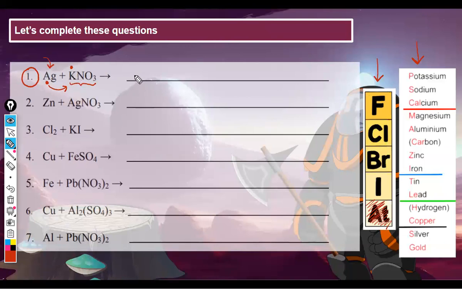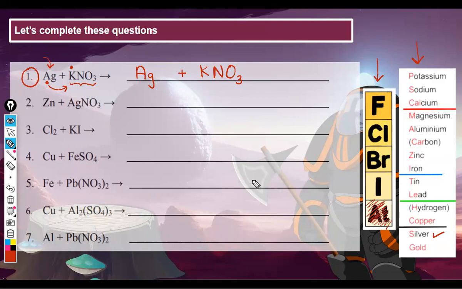So you know what's going to happen here? Nothing. The silver is just going to be by himself, and potassium nitrate will just remain as potassium nitrate, because something that is less reactive cannot displace somebody who is more reactive.